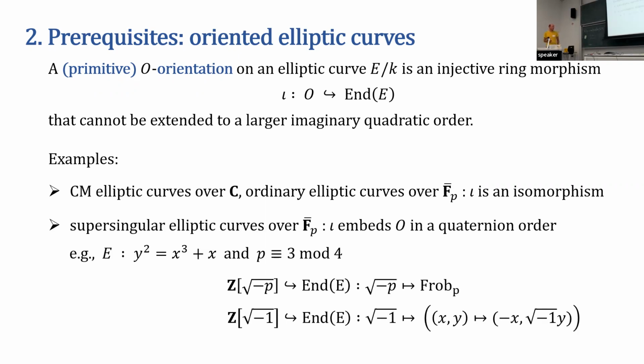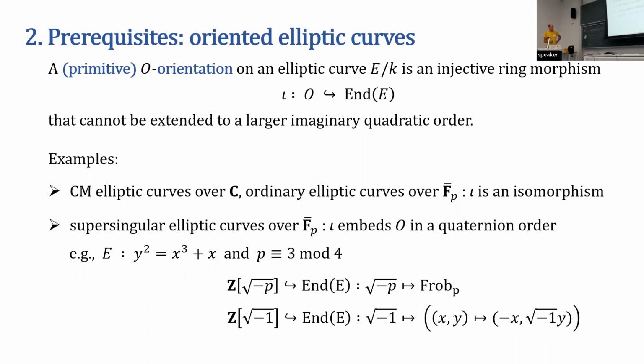But the more interesting special cases are the supersingular elliptic curves, because then the endomorphism ring is an order in a quaternion algebra, and you have many different imaginary quadratic orders living in there. So you have many different orientations. Here I gave just a small example.